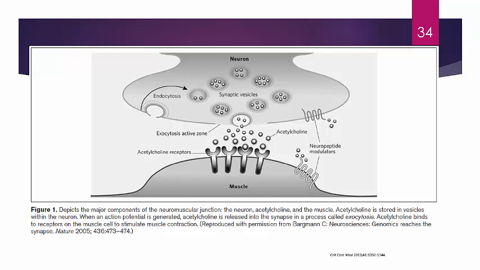When this action potential occurs, acetylcholine from these little vesicles here will be released into the synapse. And whenever acetylcholine is released into the synapse, it can go and bind to acetylcholine receptors such as nicotinic or muscarinic acetylcholine receptors on muscle to eventually activate that muscle to contract or to work in whatever way it wants to work.